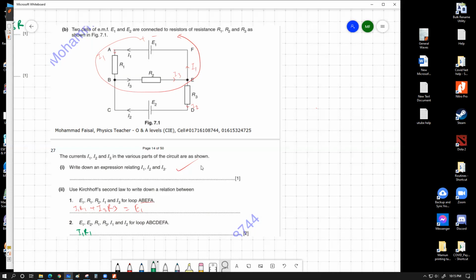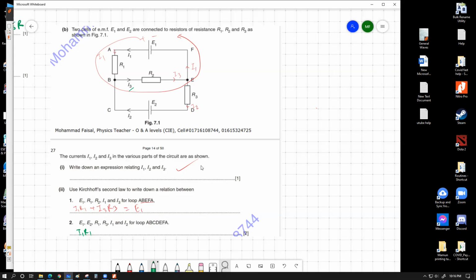Now what we have to look for is I2 and R3. I2 is the current that is coming out of R3. They intentionally messed up this current and the resistor. You can see that here is R2 and here is I3. Here is R3 and here is I2. They intentionally messed it up so that the students can feel a bit of trouble. Did I mess it up as well? Why did I write I3 R3 here? I messed it up as well. I fell for that trap.